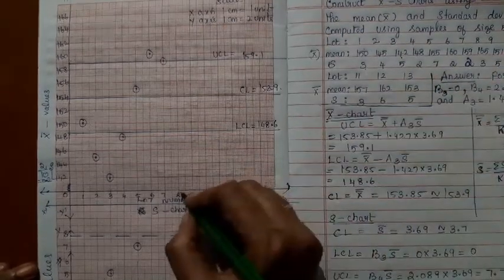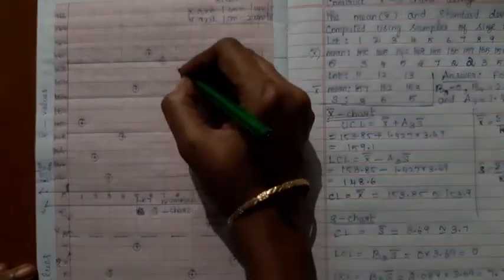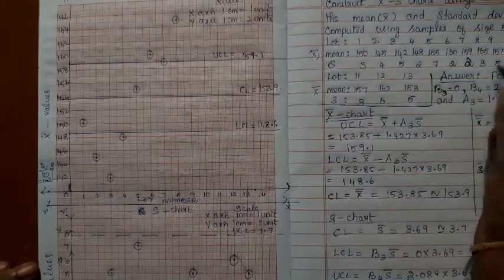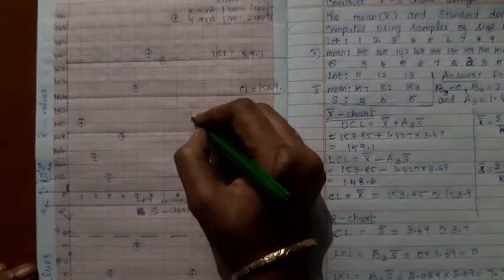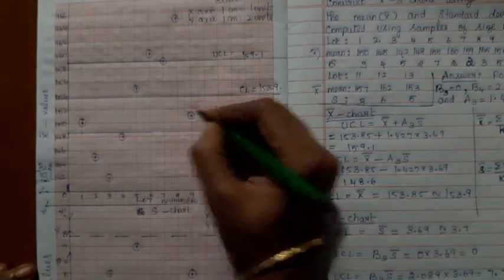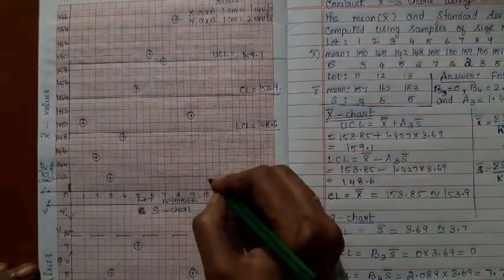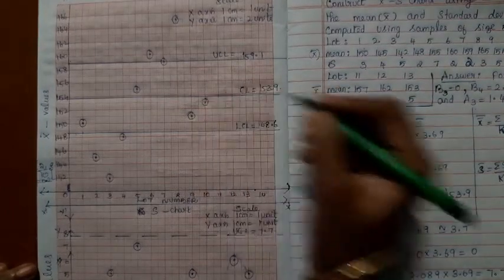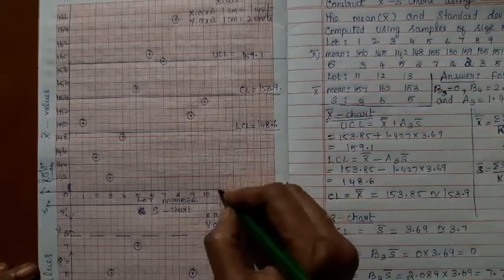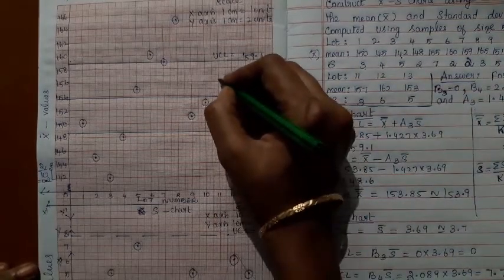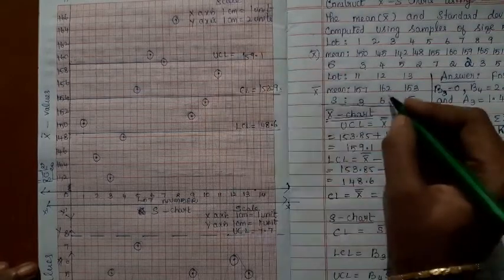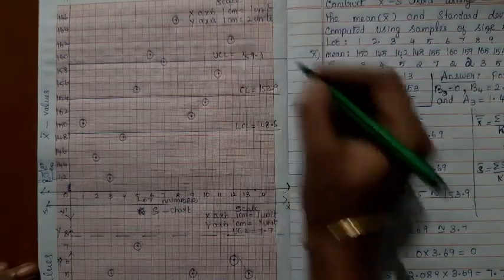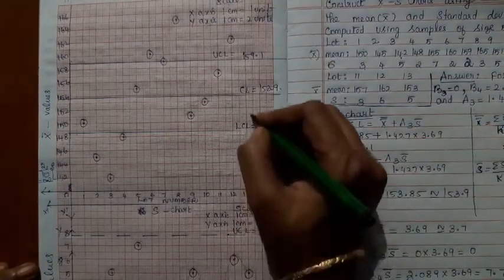For the eighth, it is 165. For the ninth, it is 151. For the 10th, it is 153. For the 11th, it is 157. For the 12th, it is 162. For the 13th, it is 153.